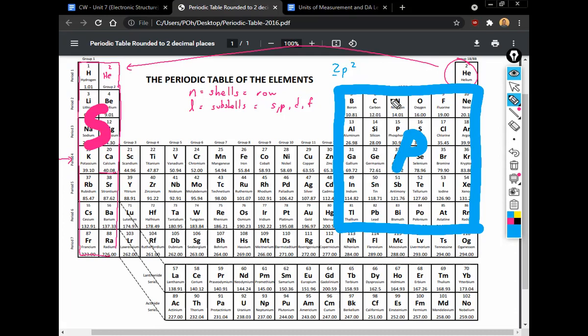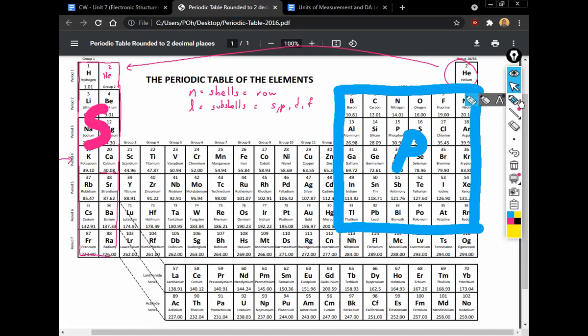Okay, and then nitrogen is 2p3. Oxygen is 2p4, right? And then neon would be 2p6. So it's a very easy way for us to figure out where the electrons are inside each element.